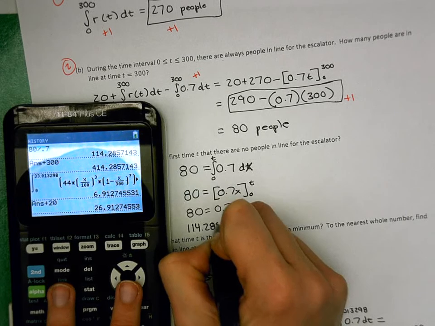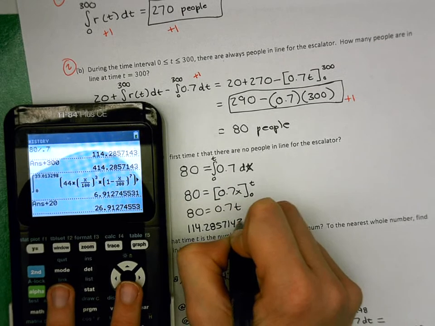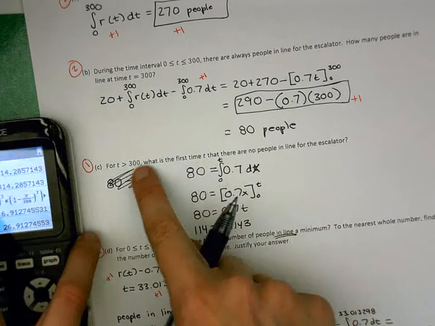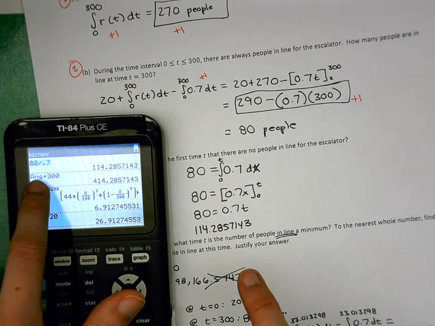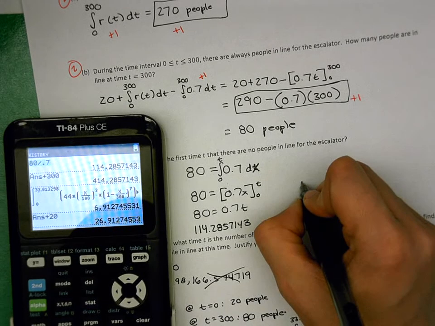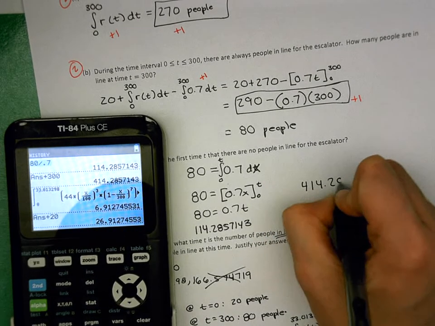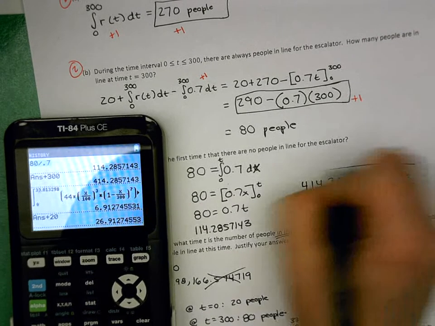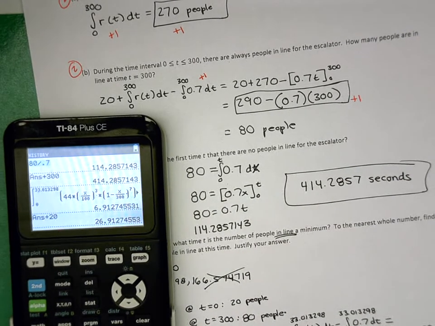And then this was that many seconds after the 300 mark, and so I added that to 300 to get my 414.285 seconds. Okay? And like I said, it was 1 point for the answer.